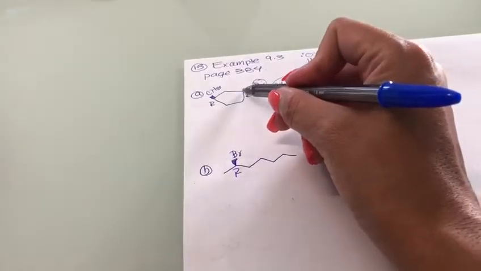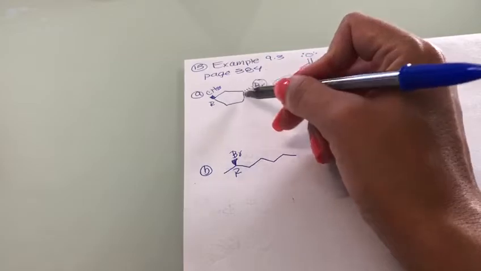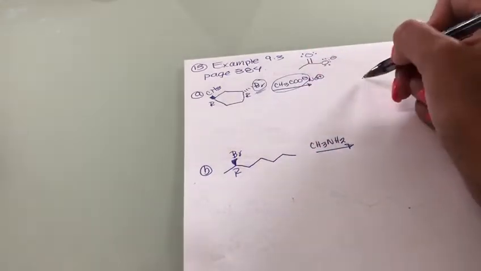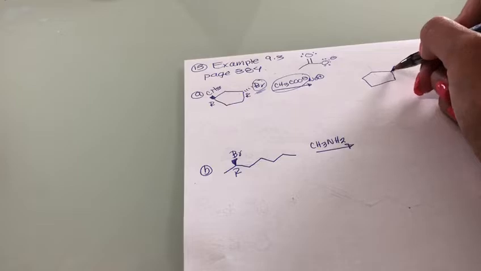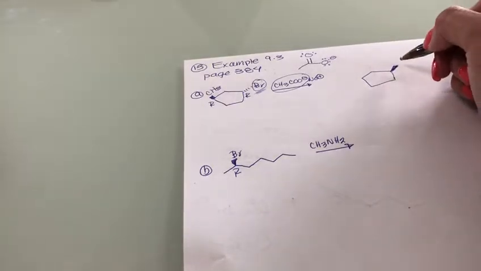This is the substitution center, meaning we are going to change the configuration. So right now it's at the back. So for the product, that substitution center will be on the opposite configuration, now to the front. And we will have the nucleophile.